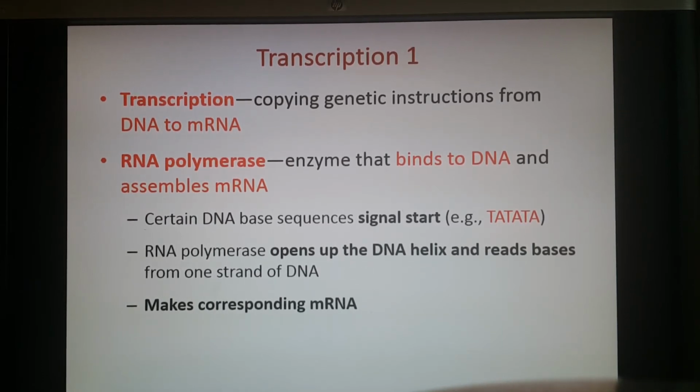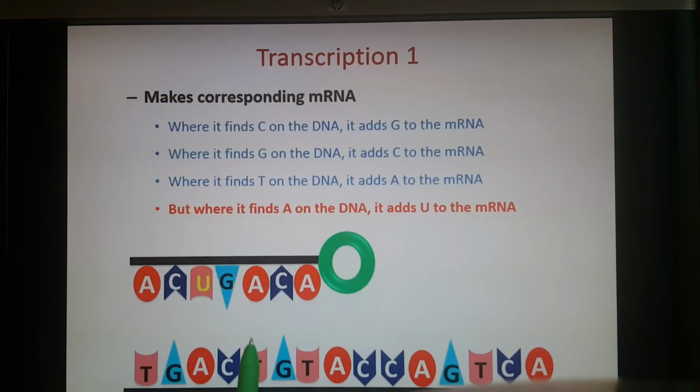The start signal for a particular gene is this repetitive sequence called a TATA sequence. So it's a repetitive TA over a bunch of different nucleotides, and that's how your RNA polymerase knows where to bind. After it binds, it'll start reading the bases and building the mRNA from that.